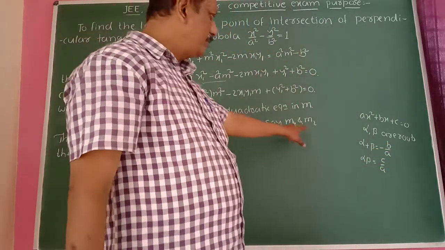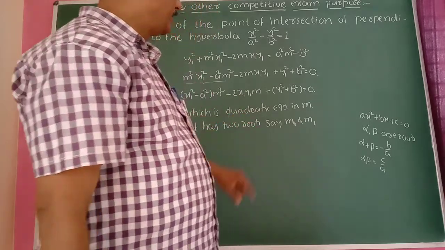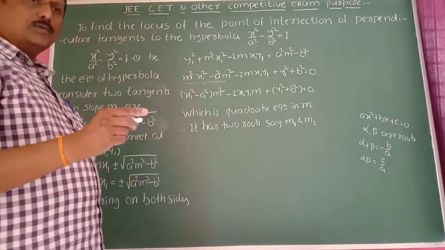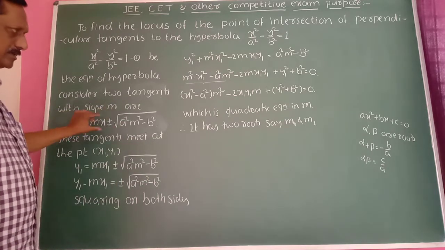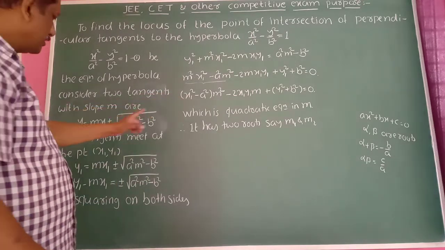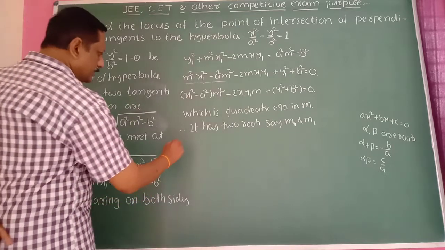Therefore m1 and m2 are the roots of this quadratic equation, and these are the slopes of the tangents. Here these are two tangents. So m1 and m2 are slopes of these tangents.